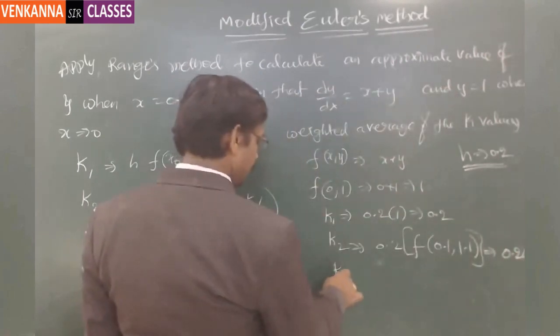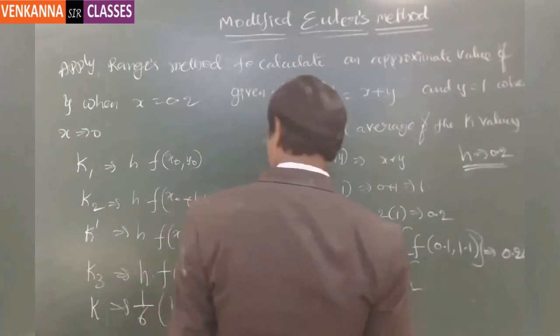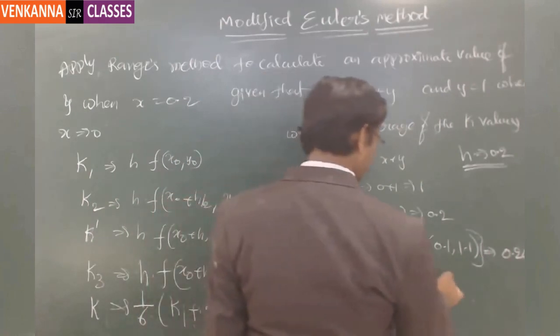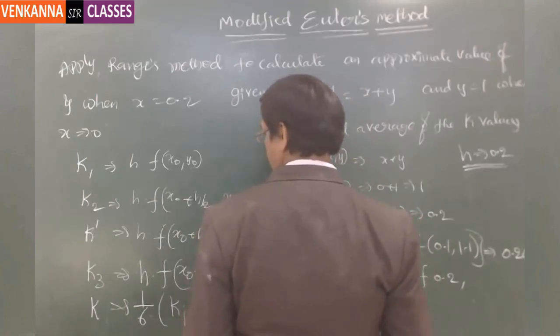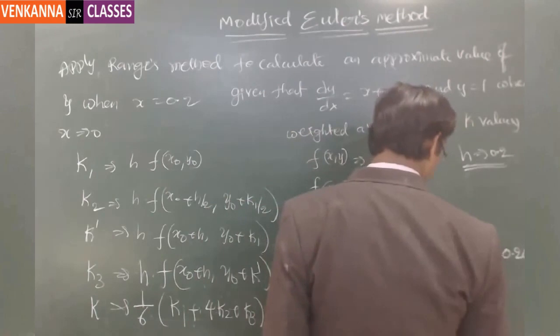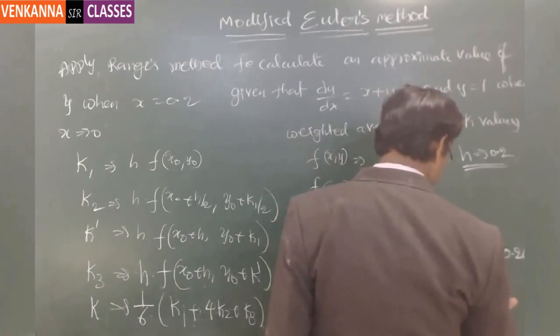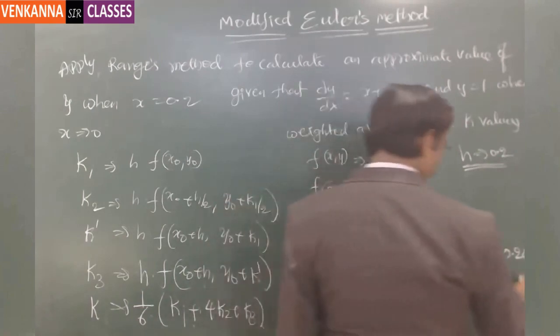Then k dash is equal to 0.2 times f of x naught plus h, so f of 0.2 comma y naught plus k1. y naught is 1 and k1 we have calculated as 0.24, so 1.24. The sum of these two is 1.44.